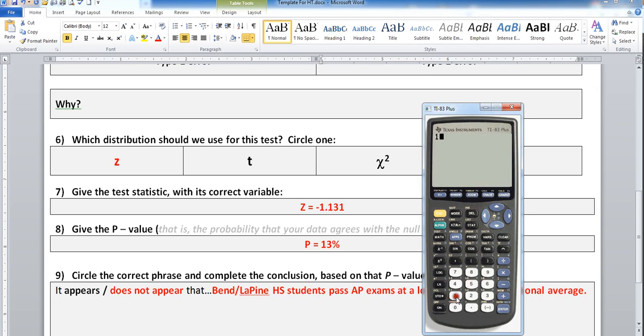You would just take 109 divided by 198, which is 55%, which indeed is less than 59%. And there wouldn't be a margin of error. So you could simply say, yes, Bend-Lapine is lower by 4 percentage points. And then you can get into a fist fight about whether that's meaningful or not.